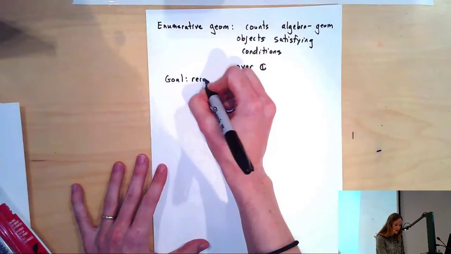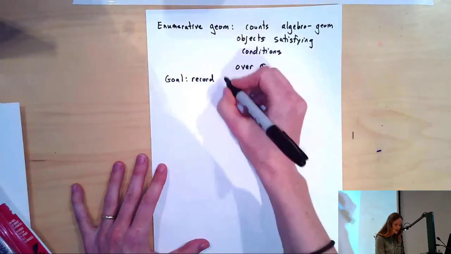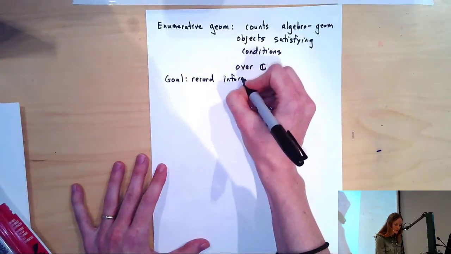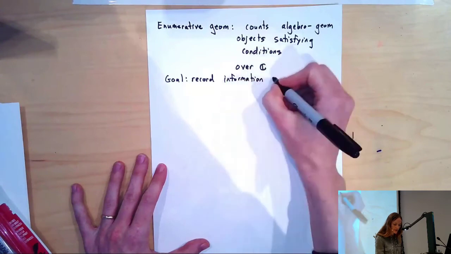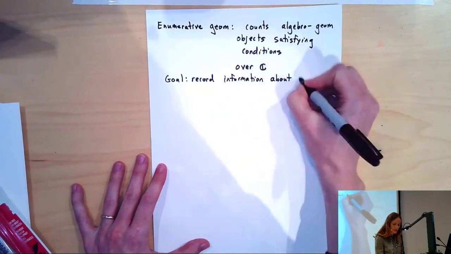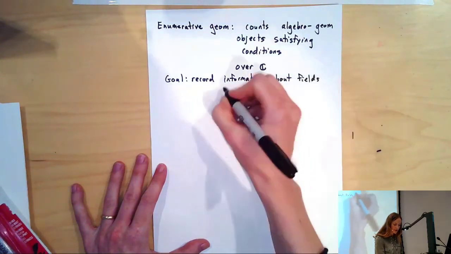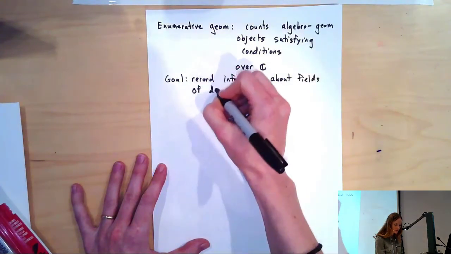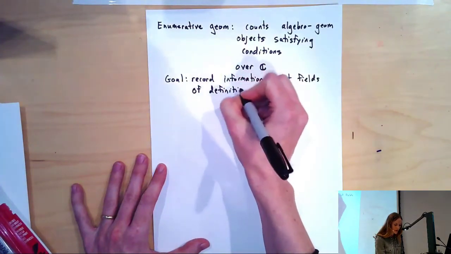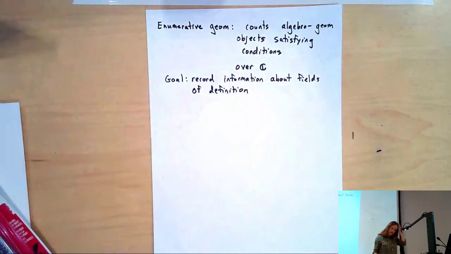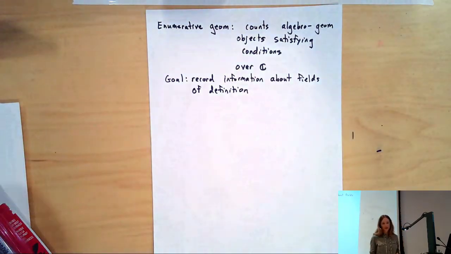So record information about the fields of definition. And as in the case of solutions of polynomial equations, there's simply not an invariant number of them.